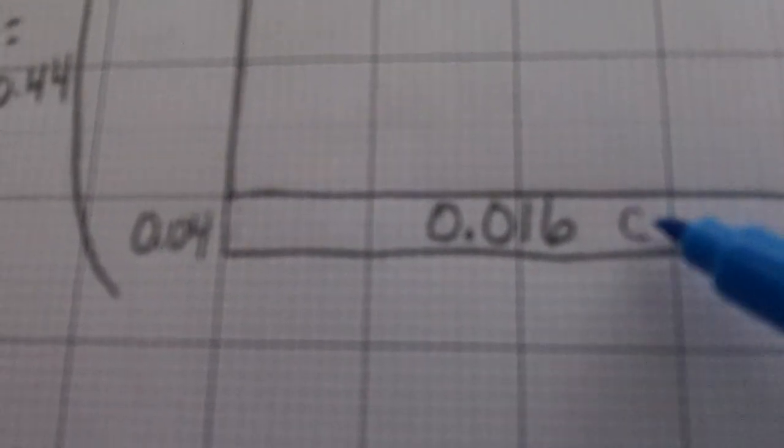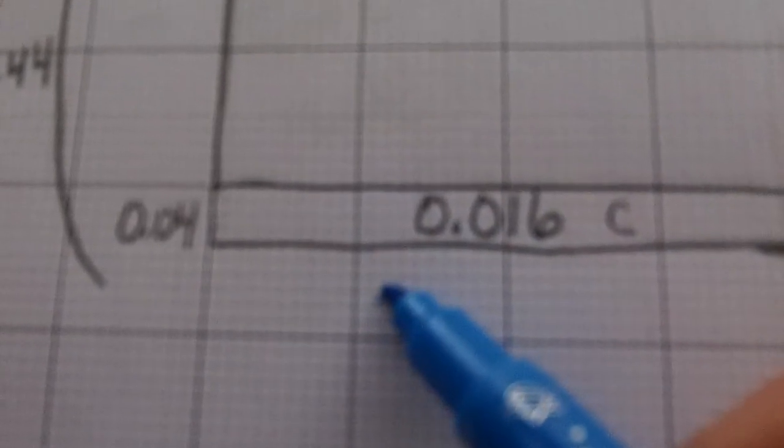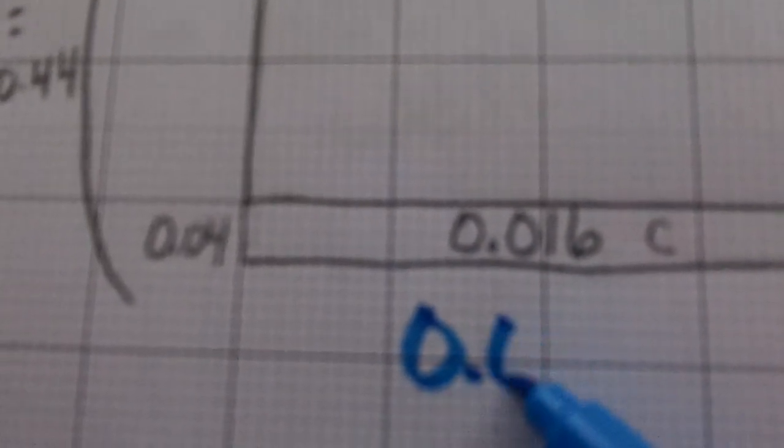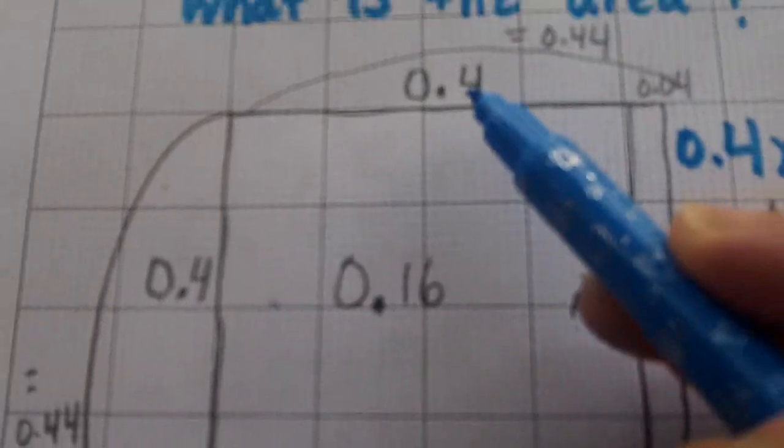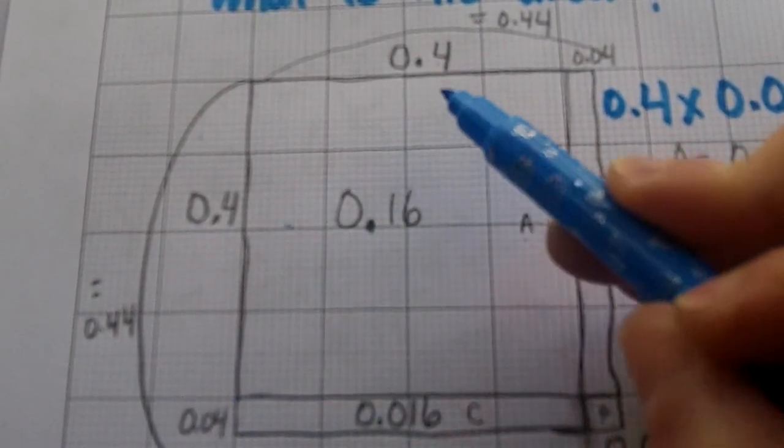Now let's go to box C. Box C is telling me that I need to multiply 0.04, which you can see right over here, by 0.4. So this times this.